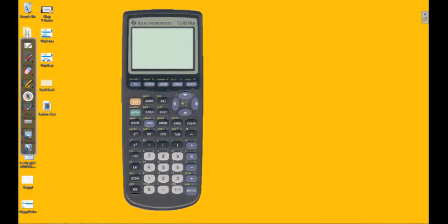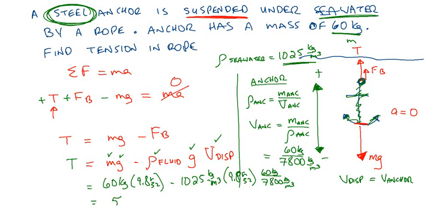Let's see what we get. I've got the 60 kilogram anchor, 9.8 is gravity, and then I want to subtract the density of seawater times G, and then times the volume of the anchor. That was 60 divided by 7,800, and there's my equation. 511 newtons is what we get out of that, for the tension in the rope. Okay.